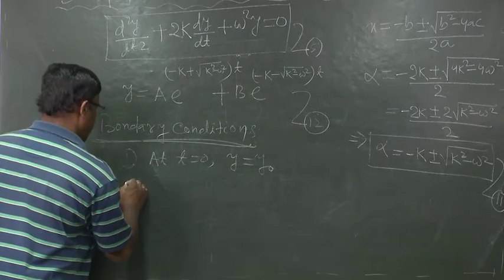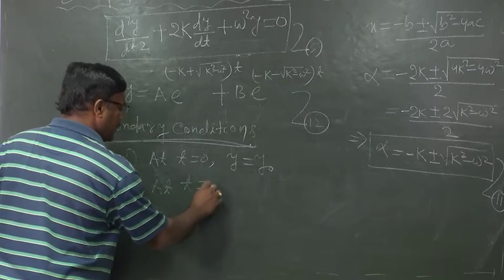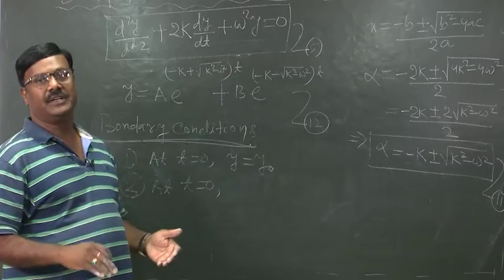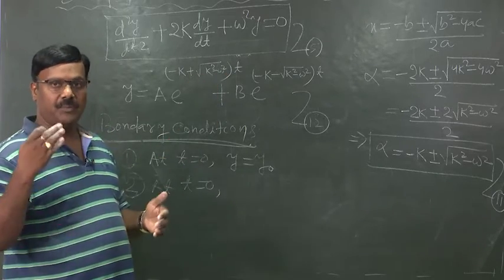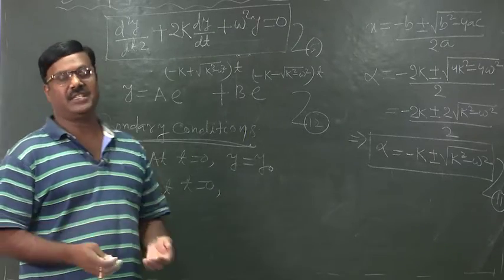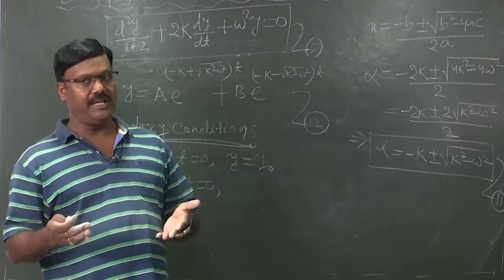Again, at t is equal to 0, that means at the extreme positions we have already shown that the velocity of the body executing SHM is 0, and for velocity we have written it as v is equal to dy by dt.